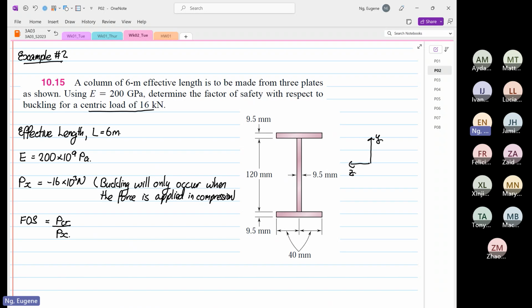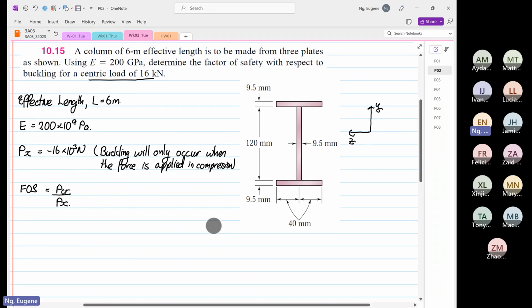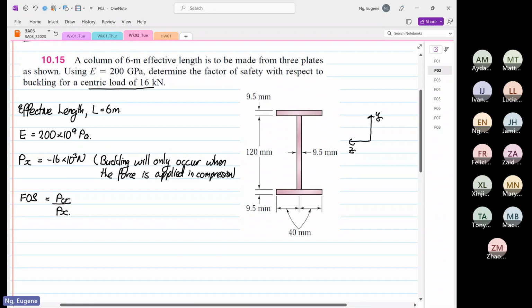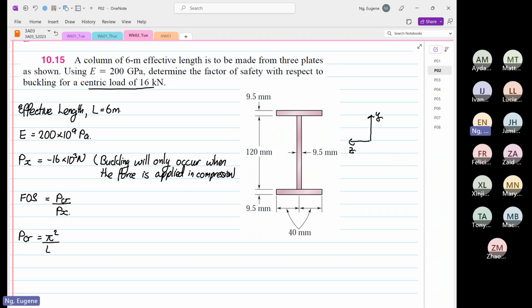We have written quite a few formulas already. We also know how to calculate P critical, which is equal to pi squared over L squared, times E and I.